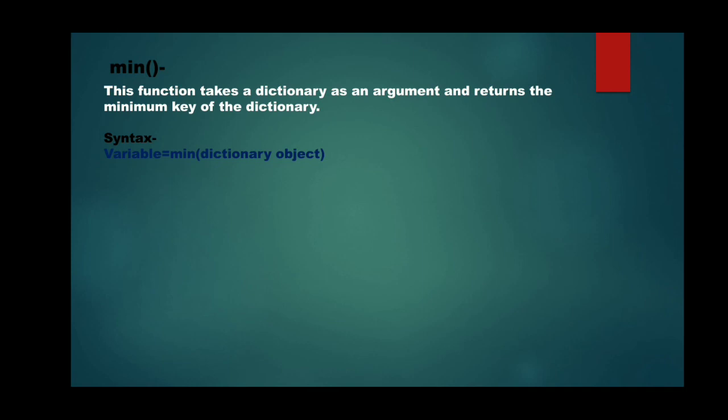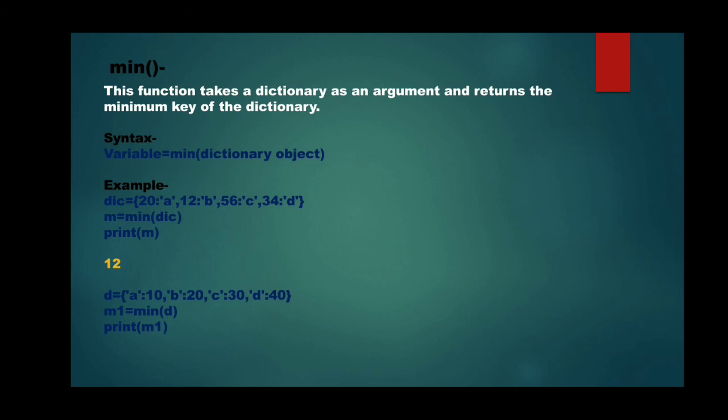The syntax is similar to the sum function: variable is equal to min, and within brackets the dictionary object. Now let's see, this is the same dictionary. When I have written m is equal to min dic, what will m contain? What is the minimum key value? 12. So m will contain 12.